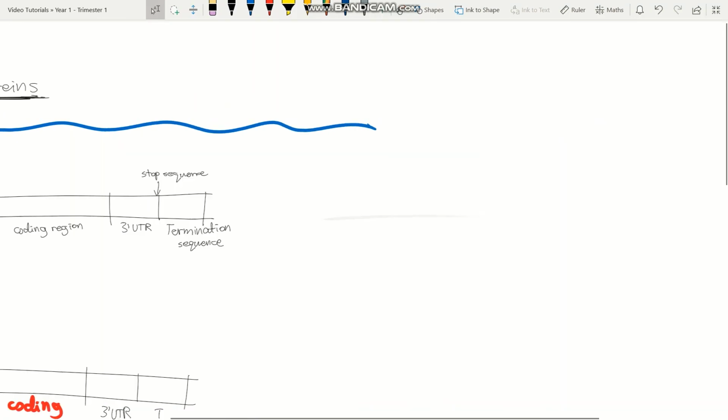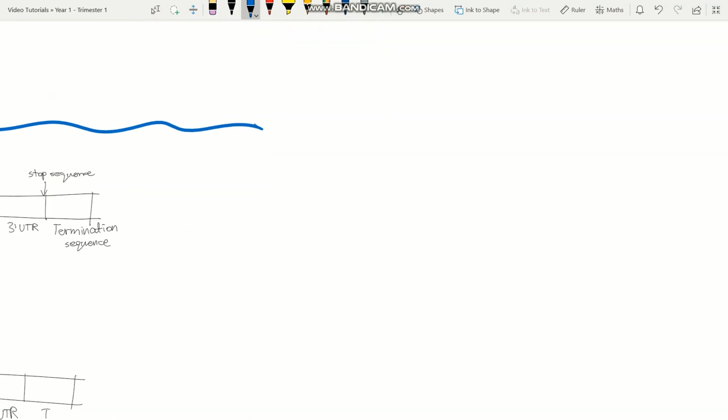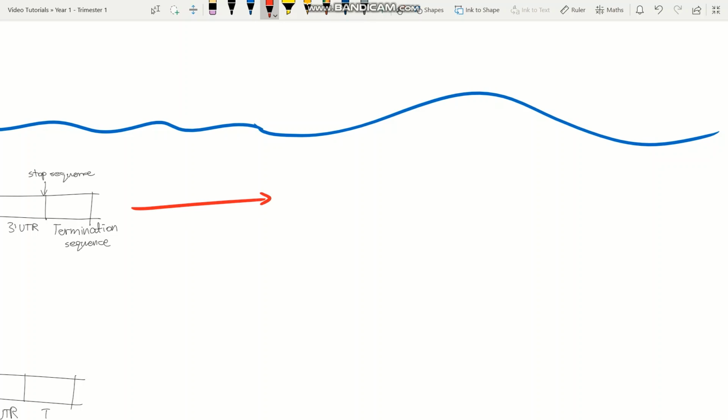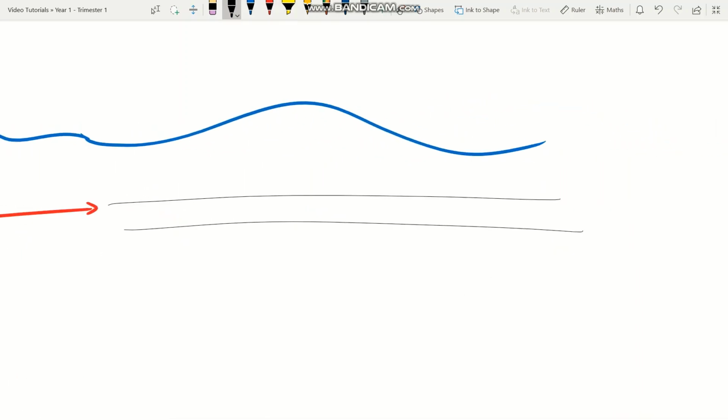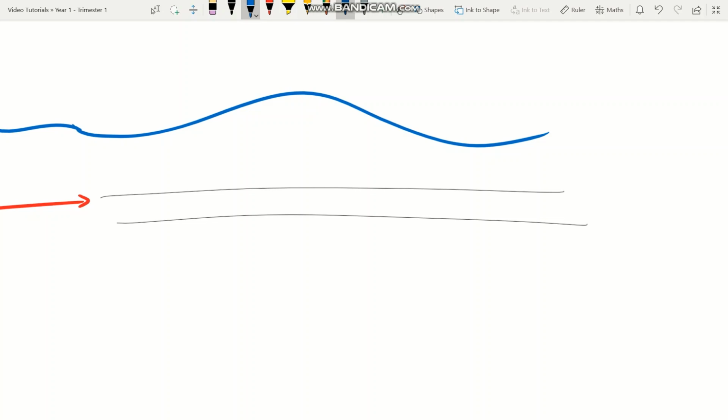In eukaryotic cells, on the other hand, the process is a little bit different. If we take, for example, the strand that we drew before and redraw it here, there's no sigma factor present in eukaryotic cells. Instead, the RNA polymerase II enzyme is phosphorylated in order to activate it.